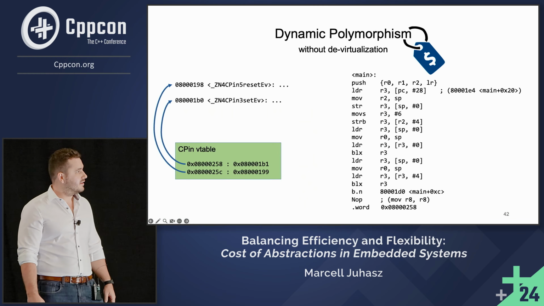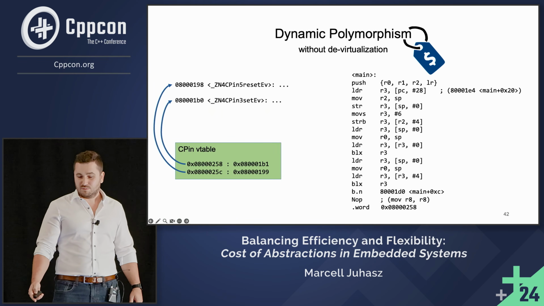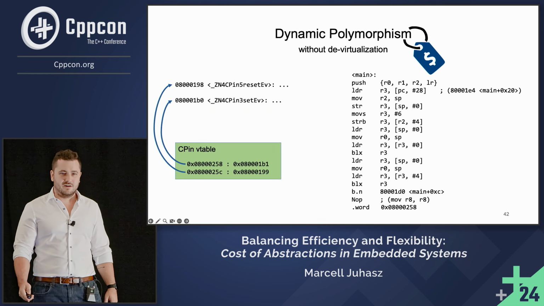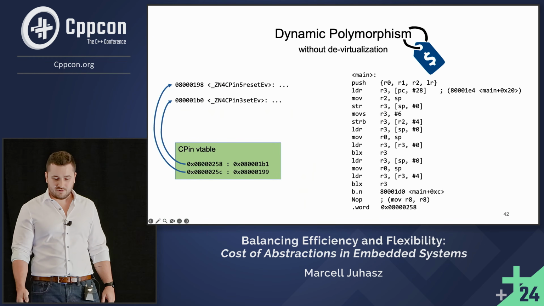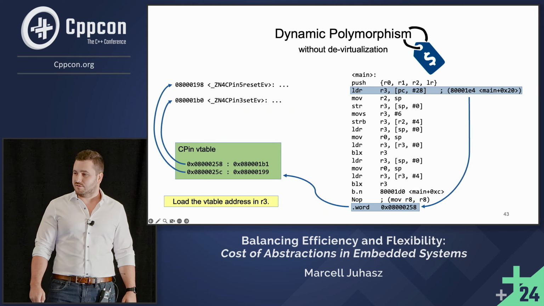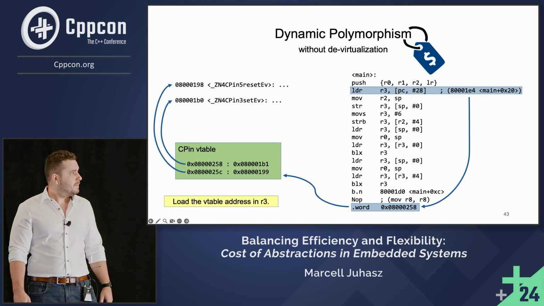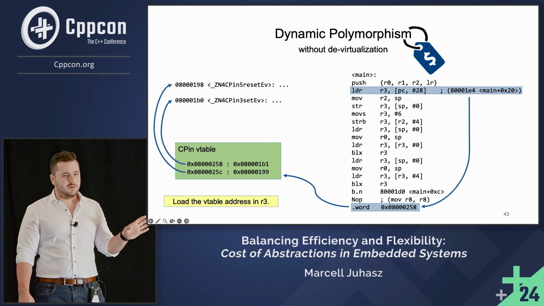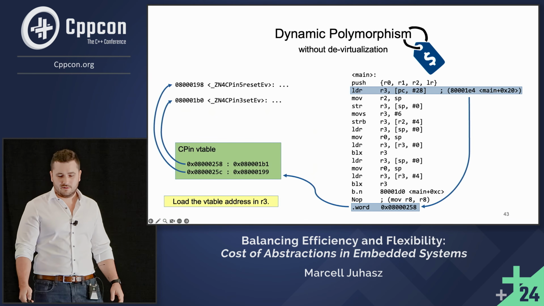Now let's look at the disassembled binary to analyze the overhead of a virtual function call. First, the address of the virtual table gets loaded into some register. And this is the point where we in the code passed the CPIN pointer to the CLED class.